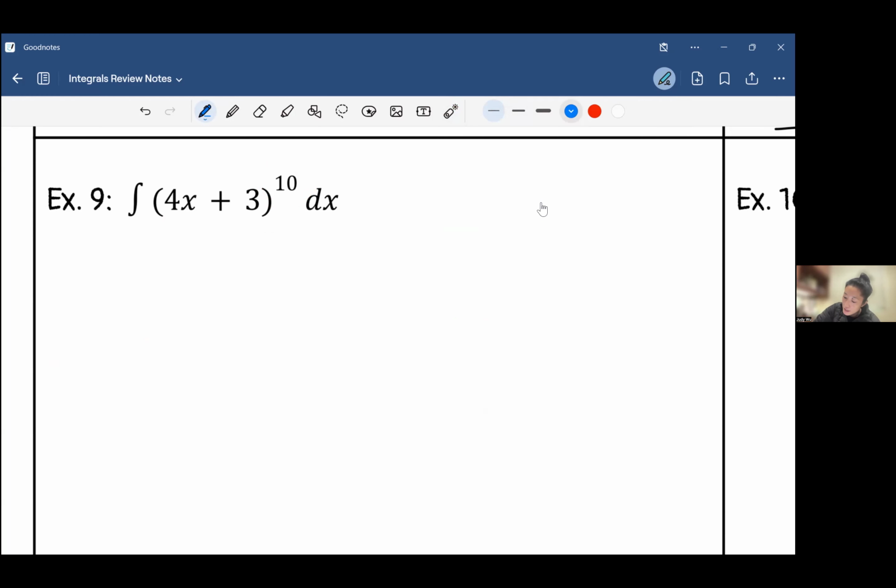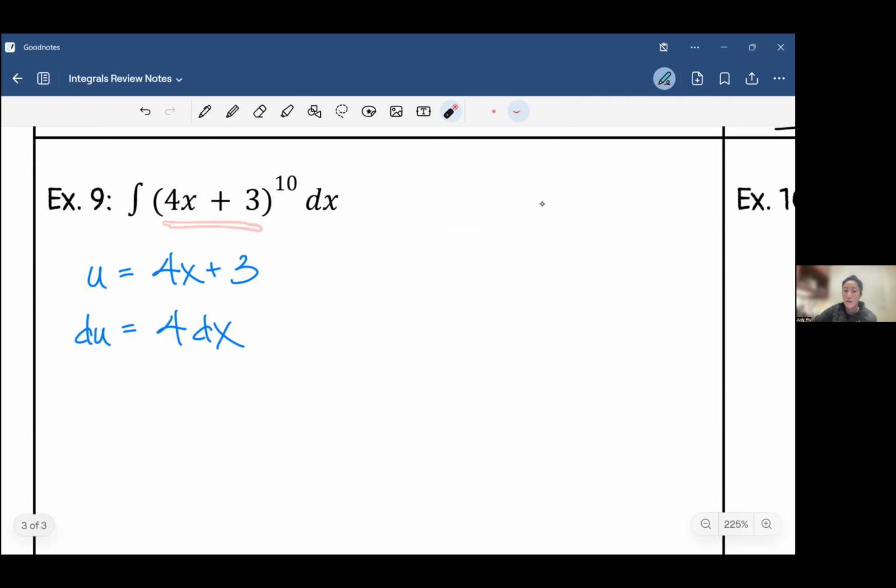Because this is not just x to the 10th. It's like 4x plus 3 to the 10th. And so if we let u equals 4x plus 3, when we find du, we'll get 4 dx. Sometimes when we're looking at the original question, you're like, oh, I see 4x plus 3, but I don't see a 4 anywhere. That's fair.